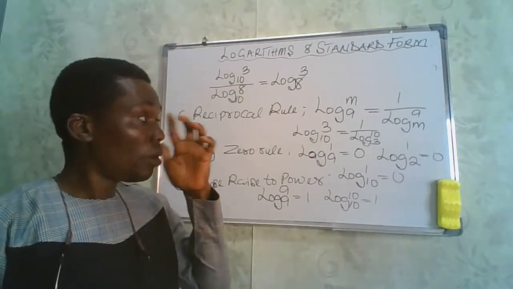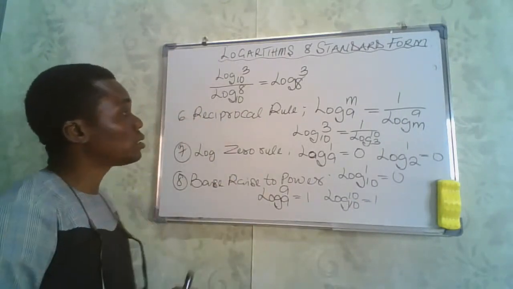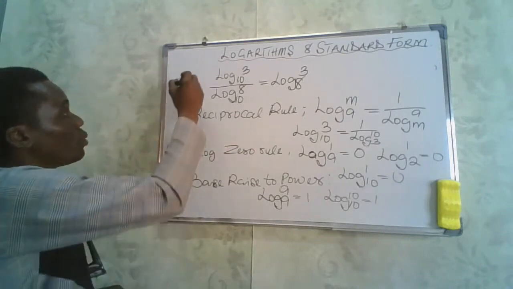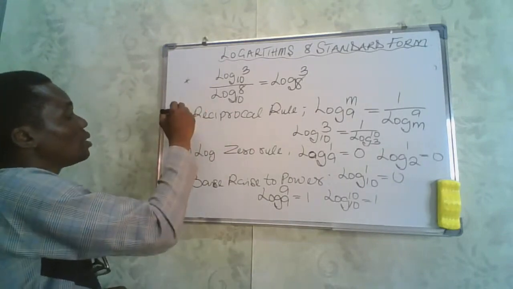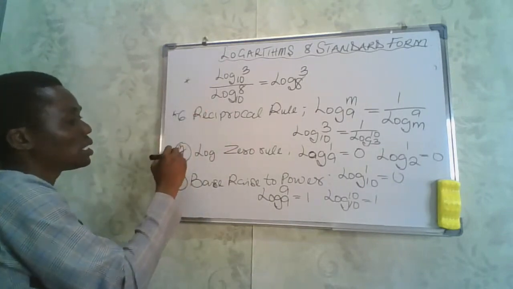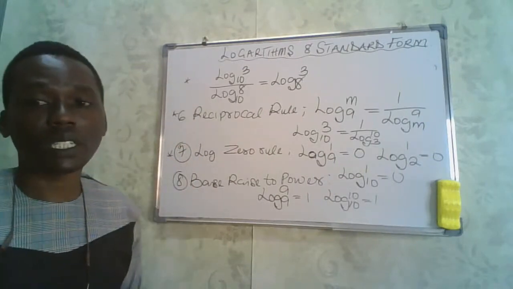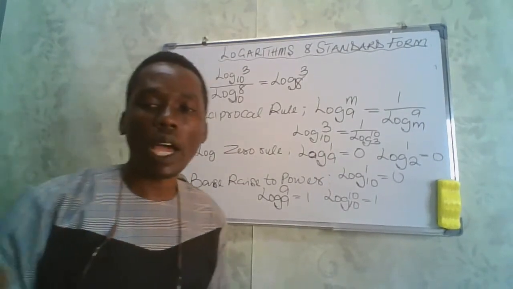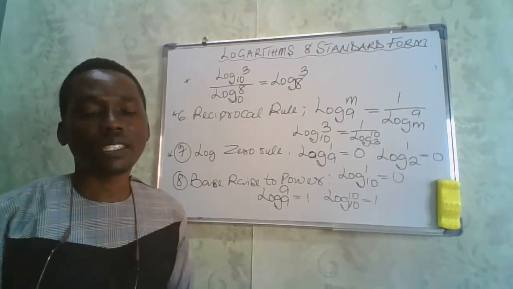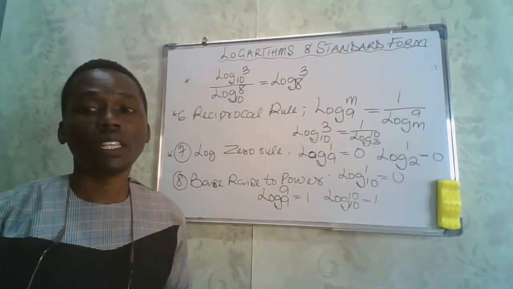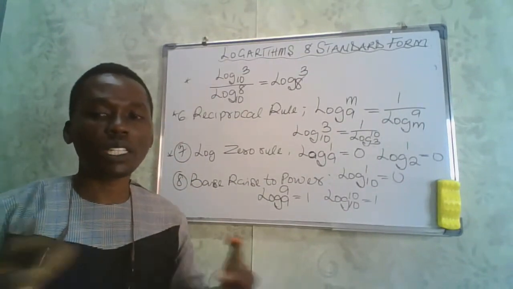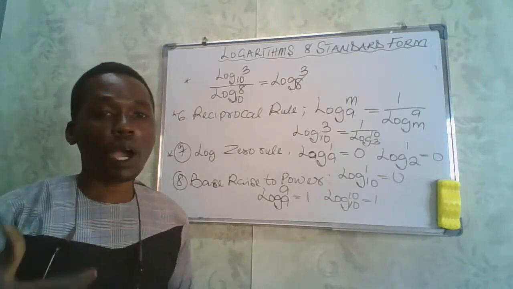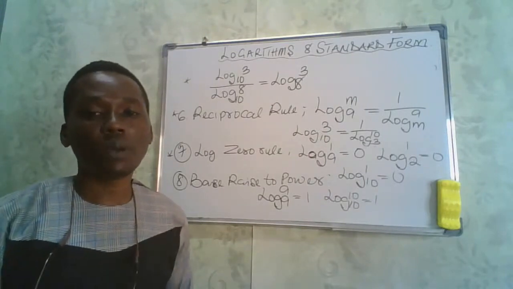So the key laws of logarithm I want you to seriously take note of are 5, 6, and 7. They are very, very important. You don't play with them. We have 5, 6, and 7. 4 is also important, the logarithm root, but that one you can easily remember.